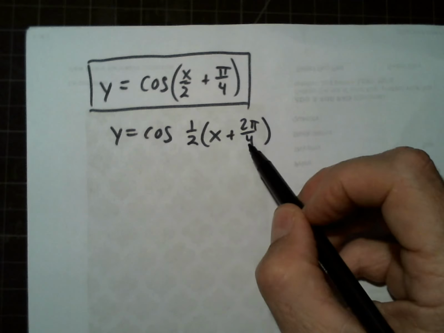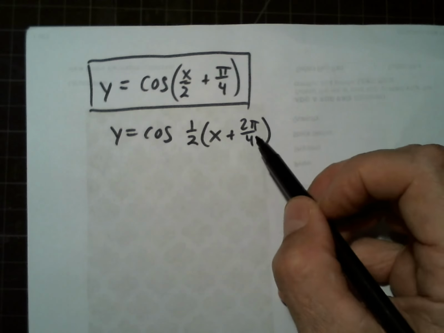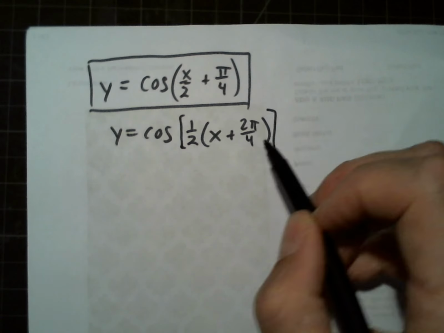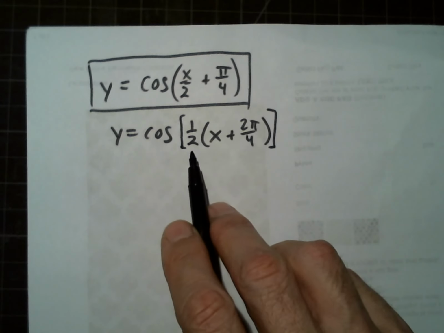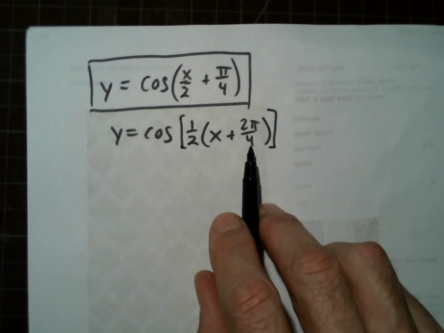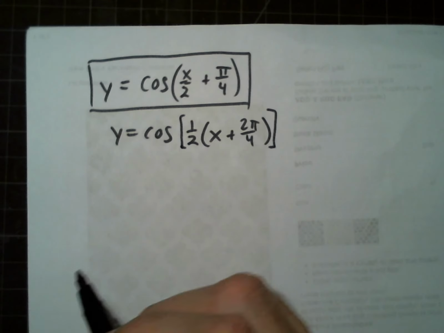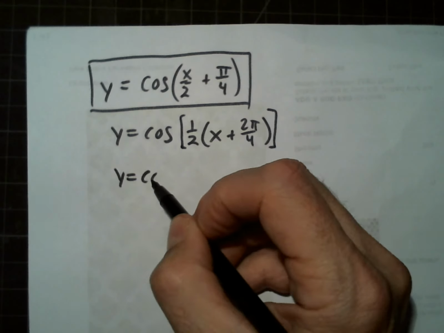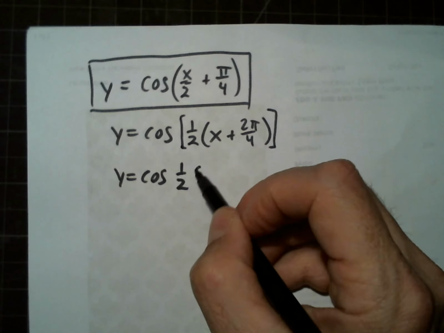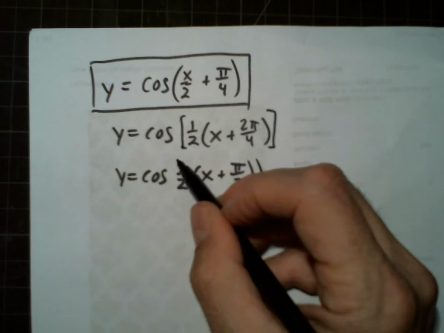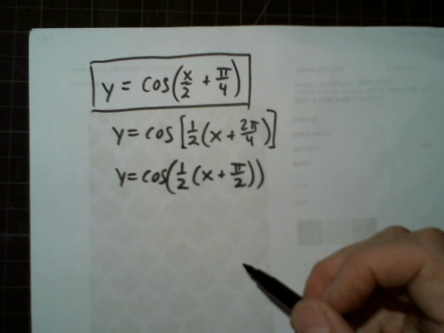If we multiply by a half, it would cancel the 2, and then we'd be left with pi over 4. So now we see that here is the horizontal dilation, and there's the horizontal shift. We could reduce that to pi over 2.